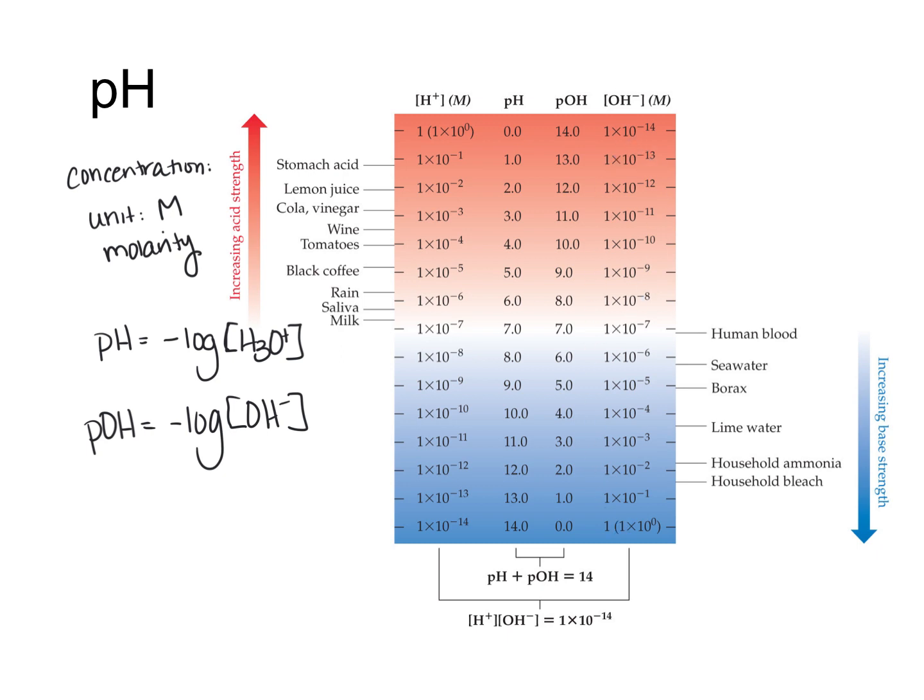And so one of the things that you'll notice is that for every solution, for example, let's look at tomatoes, right? Tomatoes have their hydroxide ion approximately 1 times 10 to the negative 10th. Their hydronium is 1 times 10 to the negative 4th. When you multiply these together, that equals 1 times 10 to the negative 14th.